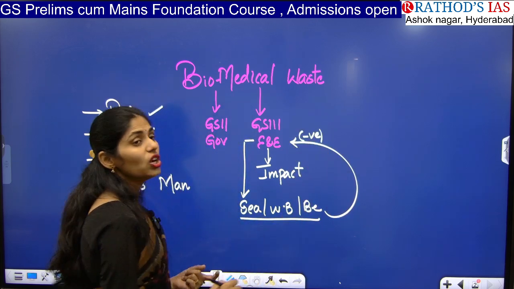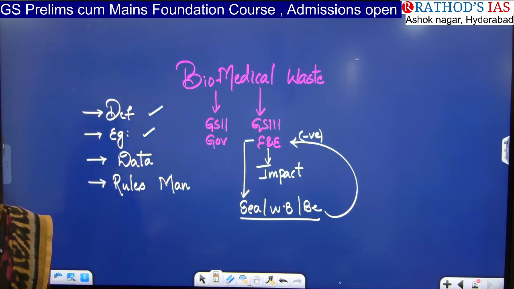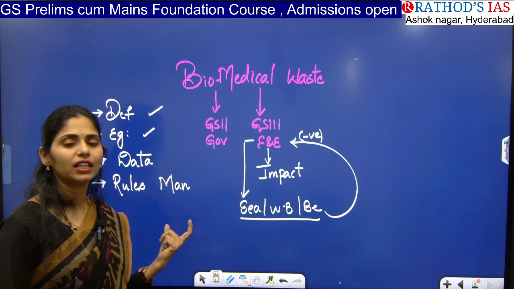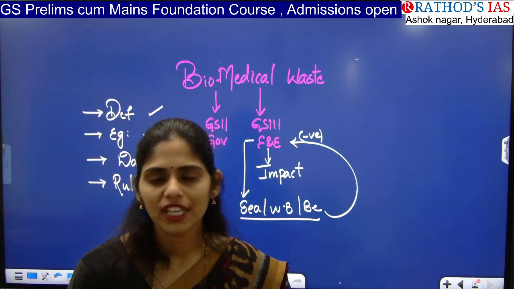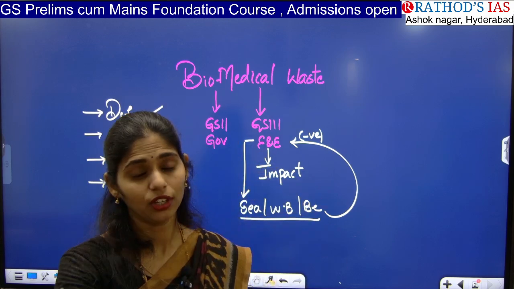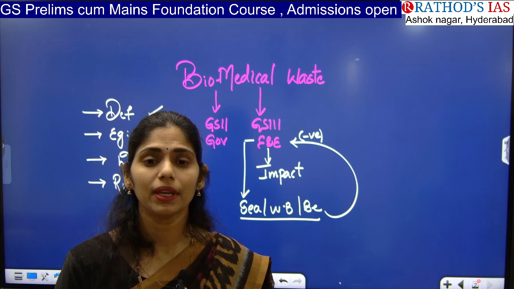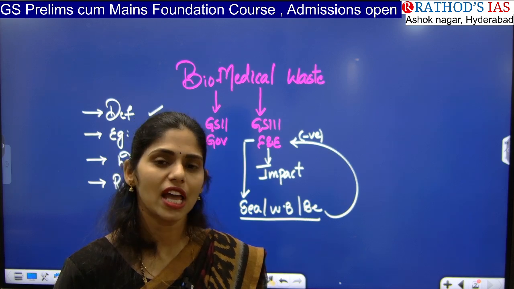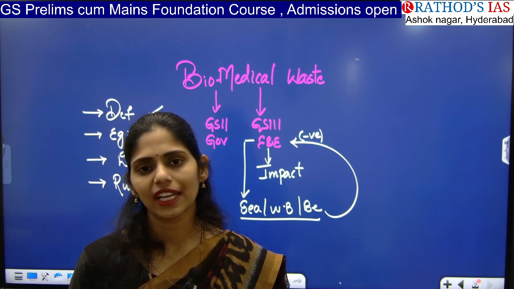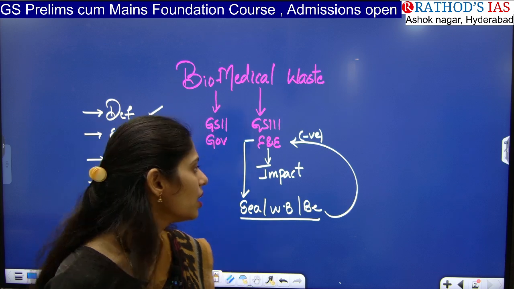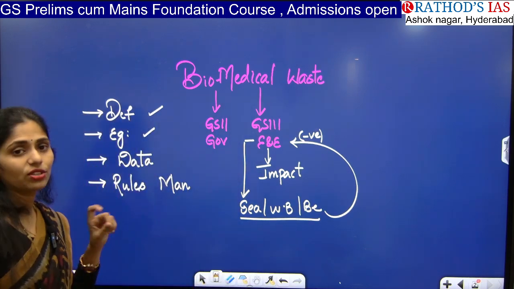You have to see what kind of negative impact it may cause, because in this article they said that they are dumping this biomedical waste from Kerala, that too they are taking it to Tamil Nadu and dumping at this beach. So it is having an impact on marine biodiversity as well. So you have to see what kind of impact it will be. So all these are the dimensions that you have to see, guys.